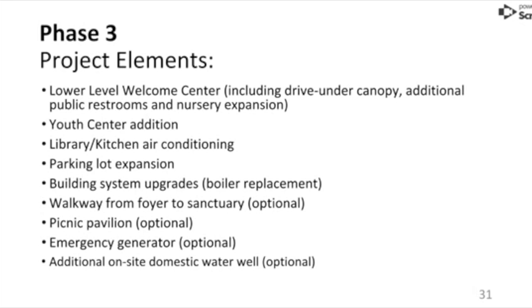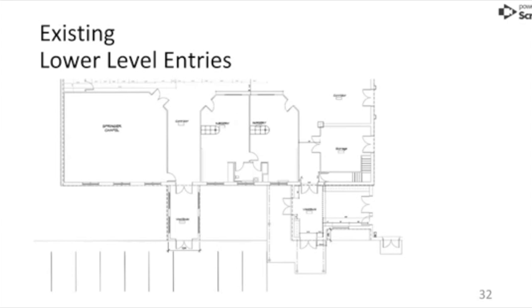There's also other elements there with air conditioning, parking lot expansion, some boiler system upgrades, and then some optional elements which are not included in the pricing, which I'll demonstrate in a couple of minutes. This could be a walkway, which I'll show how it connects, outdoor pavilion, emergency generators, and possibly an additional on-site well for additional capacity.